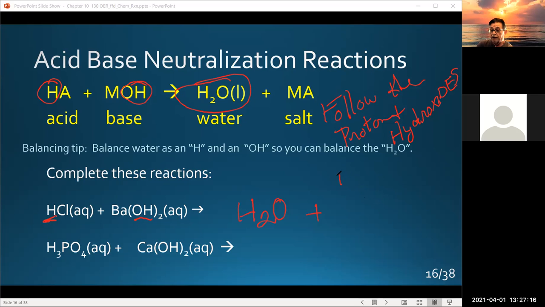And so we know that barium is in group 2, so it's going to be a +2 charge, right? But if you didn't know that, look at this. The hydroxides are each a -1. You can find that on the polyatomic ion table. It's a -1, and there's 2 of them. That means that infers that barium must be a +2.